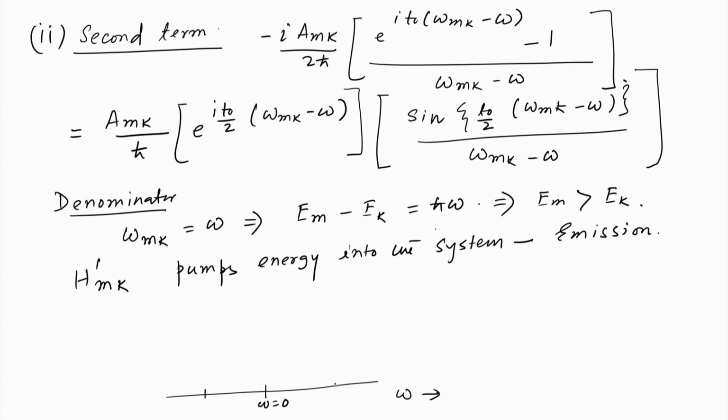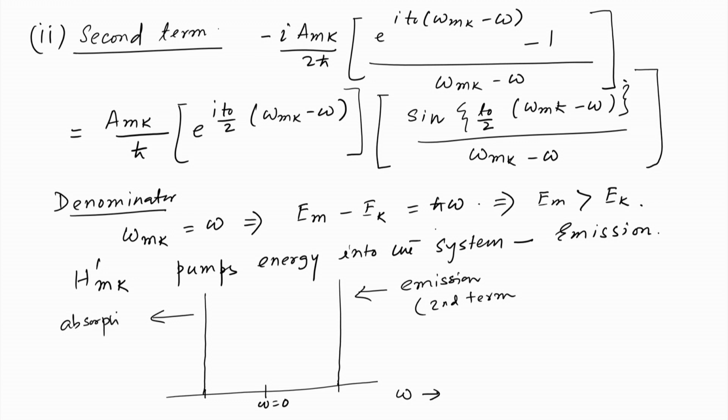So there is a line which corresponds to the emission line, or the second term, and this corresponds to the absorption, and that is the first term.